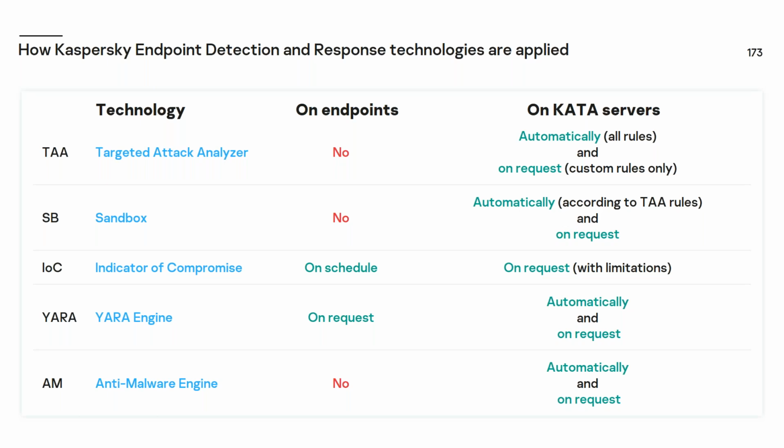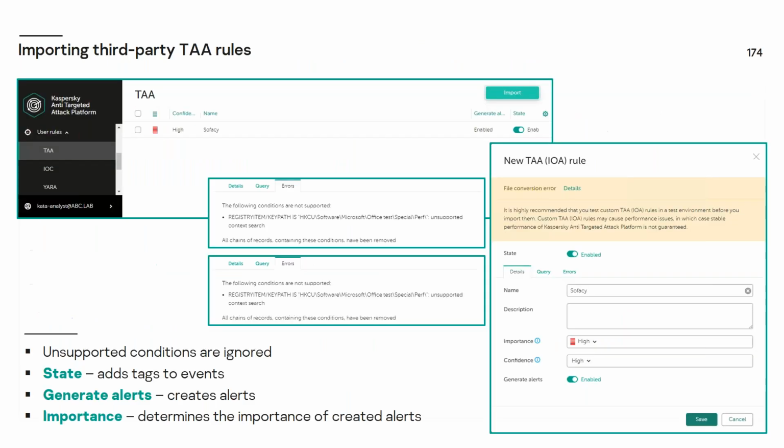Any historic activity, historic data that's been taking place, will then be ingested, right? So we can import these third-party targeted attack analyzer rules, which are also your IOA, or indicator of attack rules.